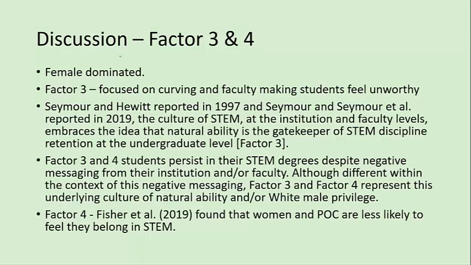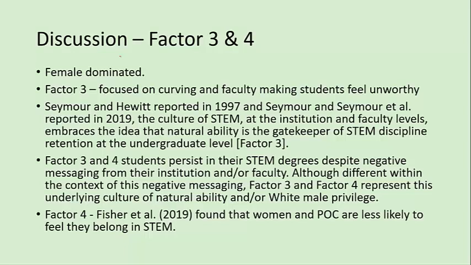And of course, this is also in Seymour and Hewitt's book and follow-up research studies by Seymour. These are the ones who feel like they're just stubborn and they're going to stick to their guns no matter how bad it is, right? They get a lot of negative messaging from faculty, they get negative messaging from the university, and yet, right, they persevere.